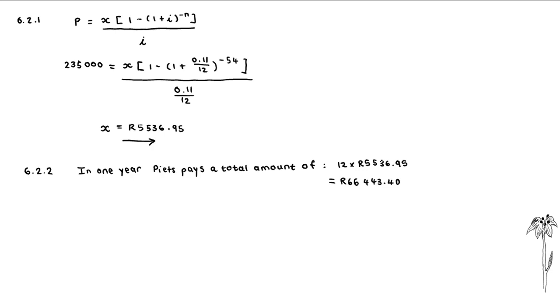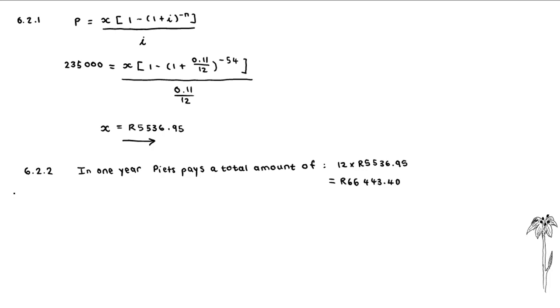So we need to calculate how much he's paid off in 1 year, and in order to do that, we need to find the balance on the loan, or the amount that's outstanding, and then subtract this from the total amount that he took out. Then we're going to be able to calculate the interest that he was charged. So in order to calculate the balance on the loan, we use the present value formula on the amount of time that is remaining.